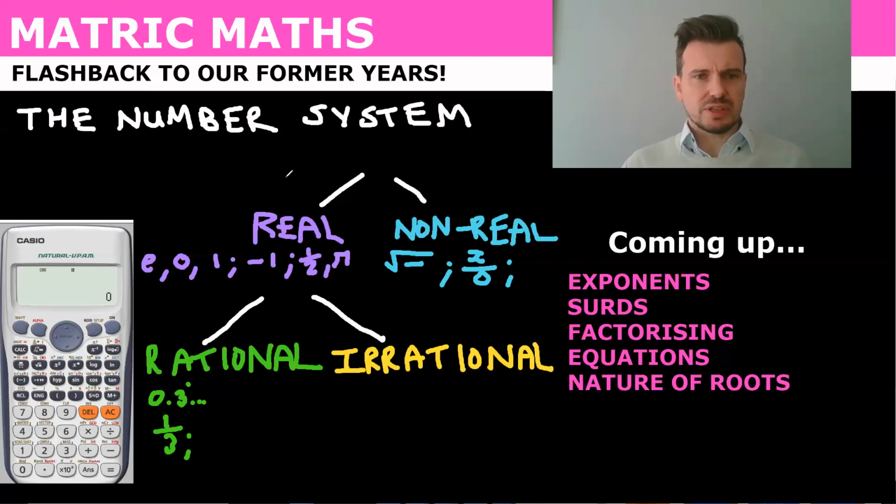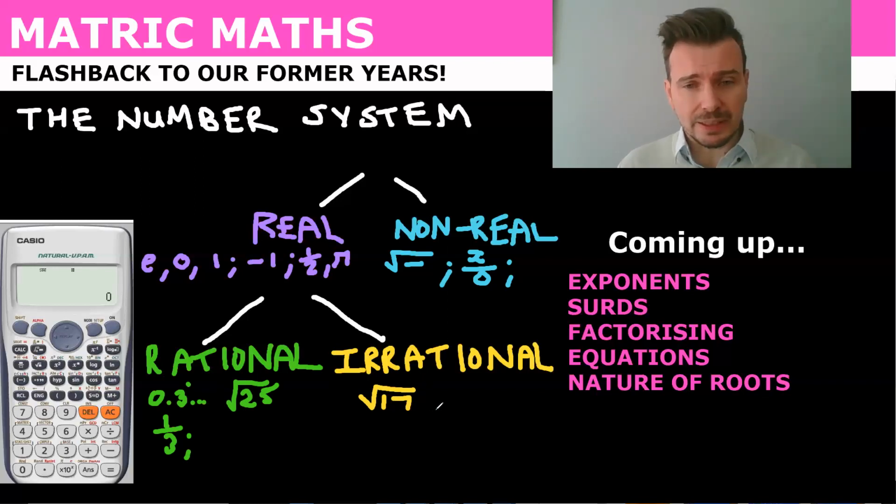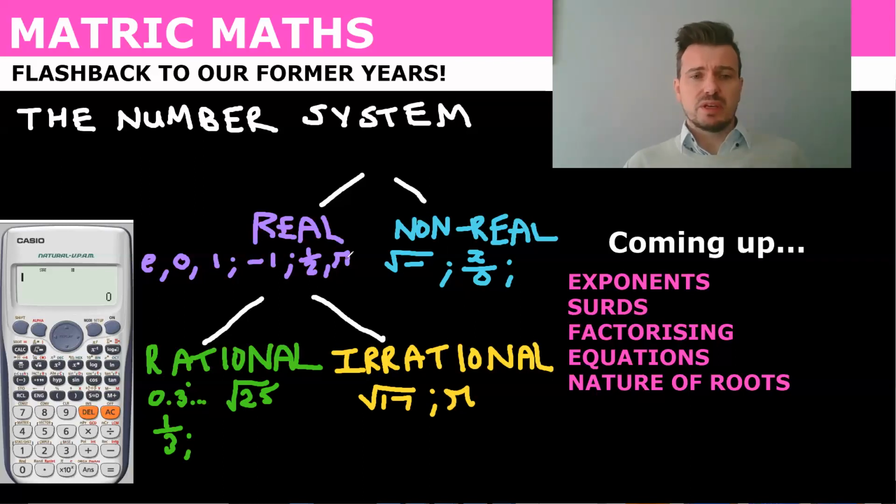Whereas an irrational number can't be expressed as a fraction. So that is like a surd which isn't a perfect square. So let's put root 25 as rational. And then a surd like root 17, not a perfect square, can't be expressed as a fraction. And pi is also something that can't be expressed as a fraction.